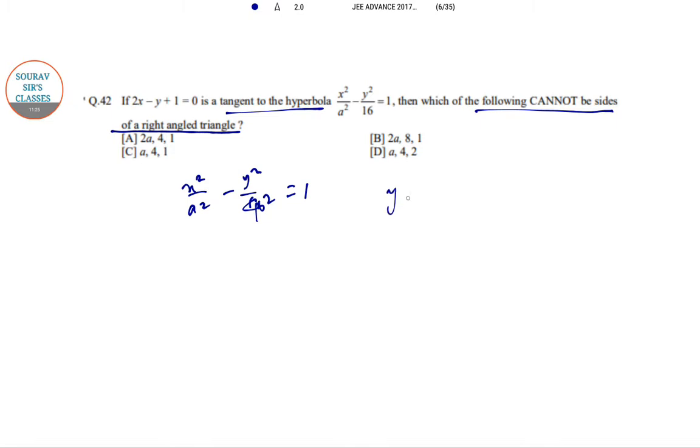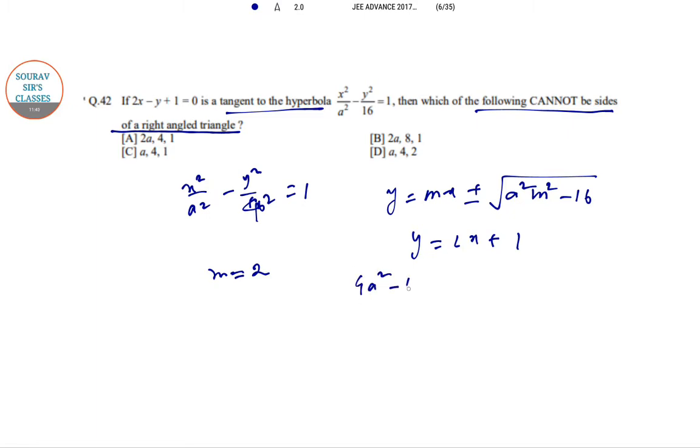The equation of the tangent we know directly: plus minus square root of a squared m squared minus 16. We compare with 2x plus 1, so we get m equal to 2, and comparing the root part, 4a squared minus 16 equals 1, so a squared equals 17 by 4, and a equals root 17 divided by 2.